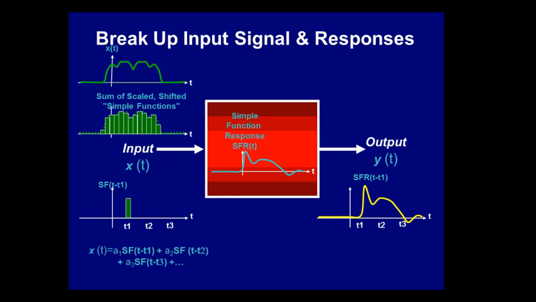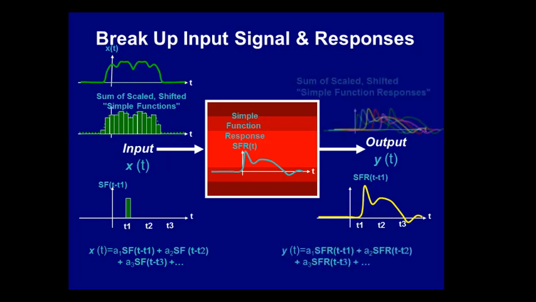So if I knew the response of the system to one rectangle at time t equals 0, I could know the output of the system to a bunch of scaled and shifted rectangles. It's just a bunch of equally scaled, equally shifted rectangle responses. Superposition says that: linearity and time invariance.